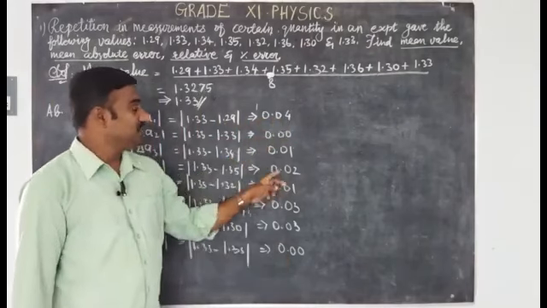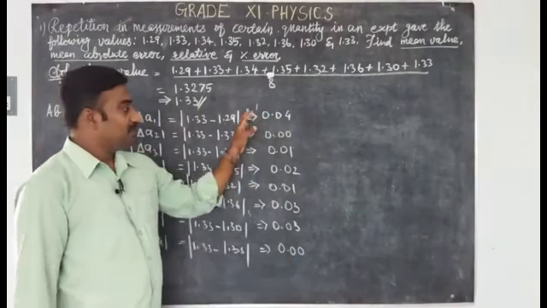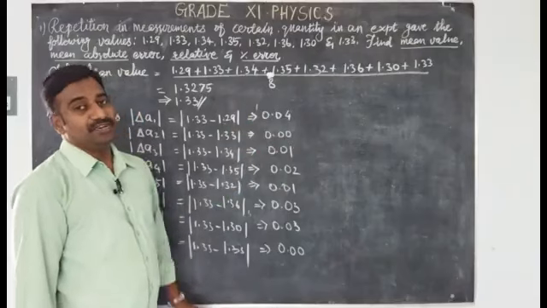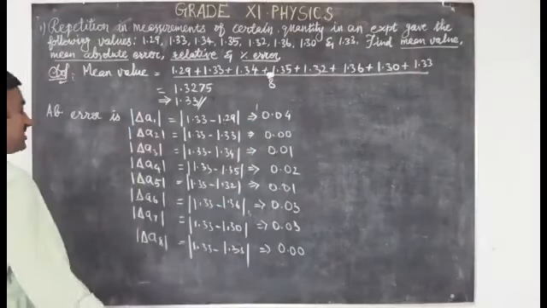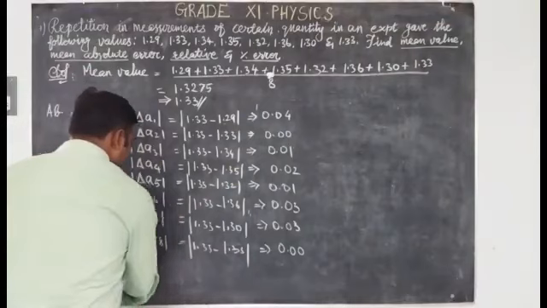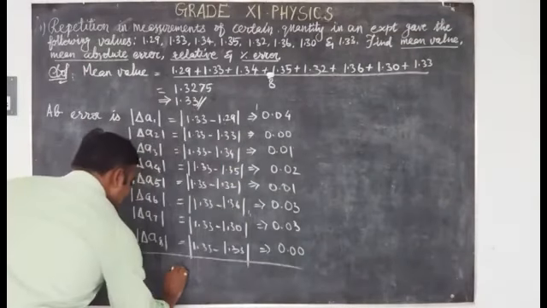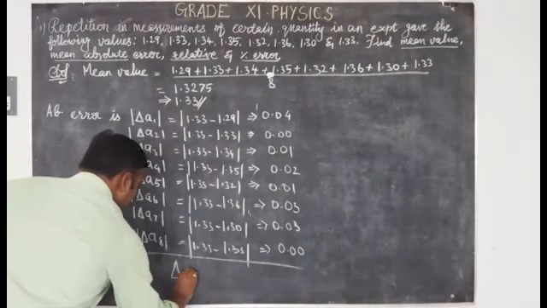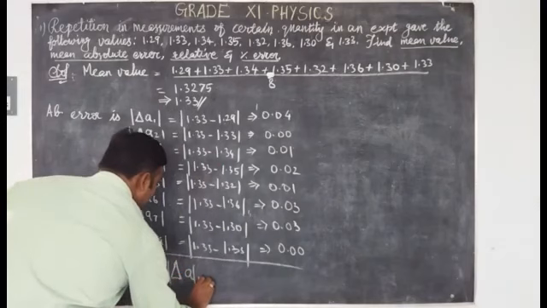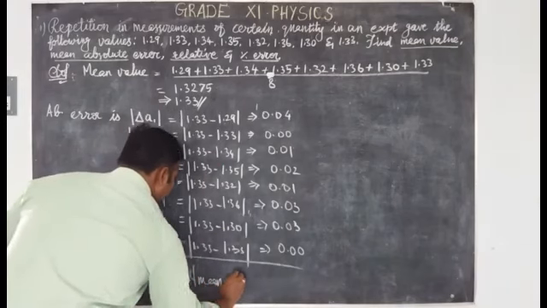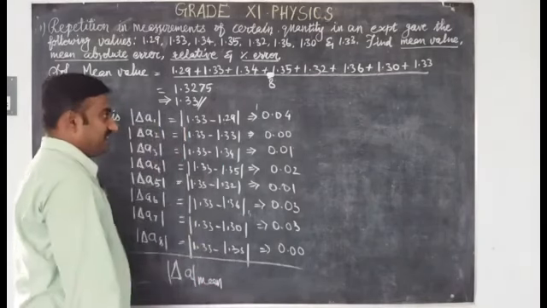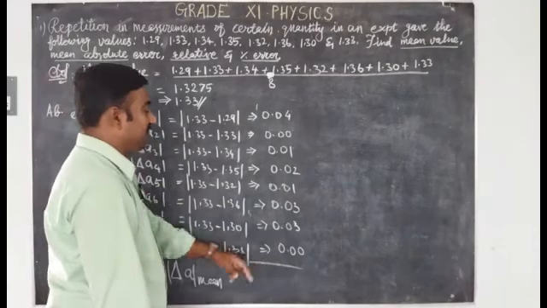Each value is an absolute error, but we need to calculate the mean absolute error. So how can you get the mean absolute error? Delta A mean is given by sum of data by number of data. We need to add all these values and divide by 8.